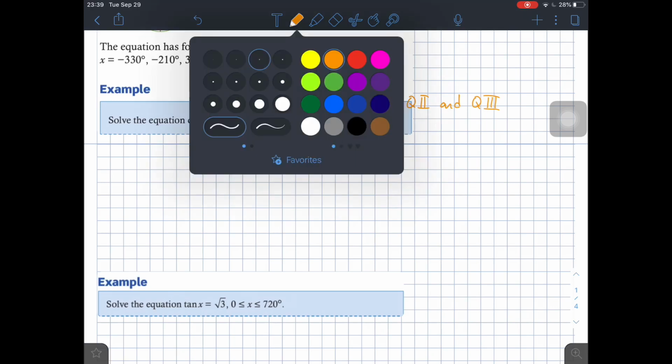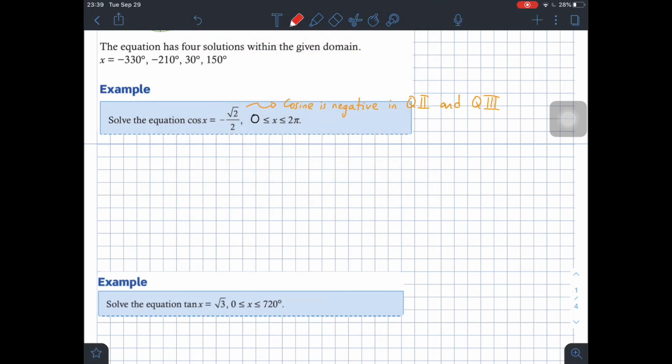Okay, so now we're gonna solve the problem. We're gonna think first of all at this value over here. For what value of x is cosine equal to square root of 2 over 2? If you remember from the hand rule, cosine of 45 degrees is equal to positive square root of 2 over 2. So let me write that.